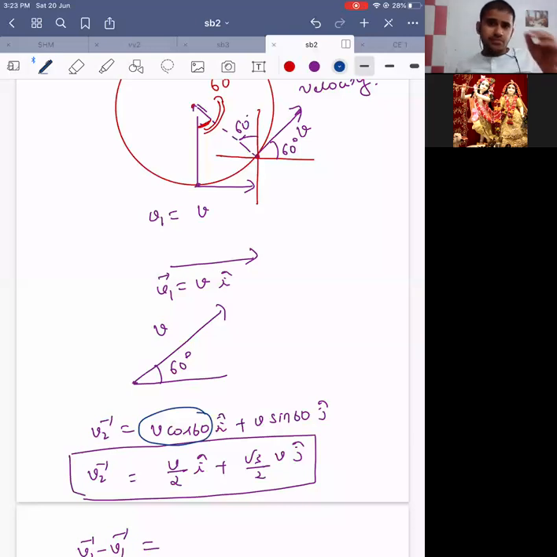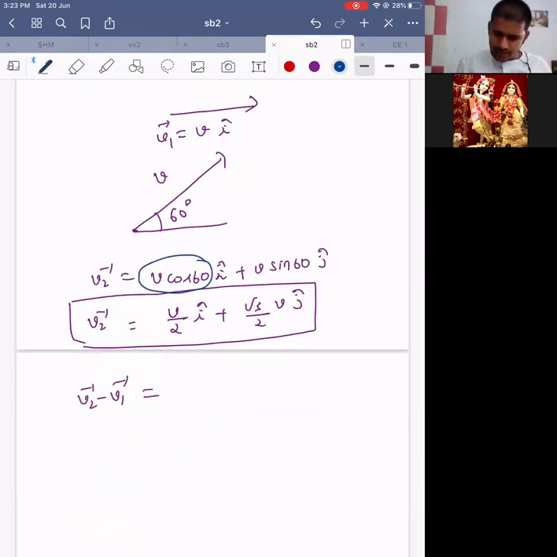If it is moving with the same magnitude but the direction is different, then it's not 0. If it is moving in different directions with the same magnitude, the change in velocity is not equal to 0.